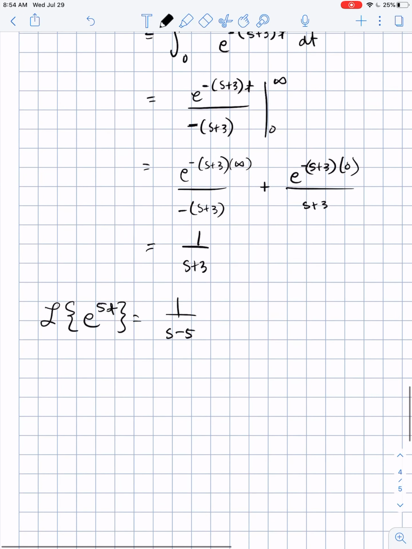So the rule that we have here is going to be, say it's e to the a times t, right? We're going to have 1 over s minus a.